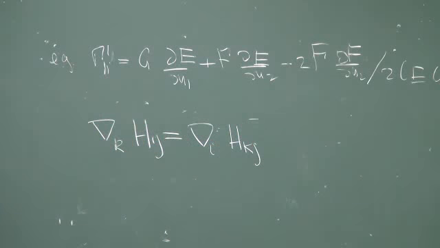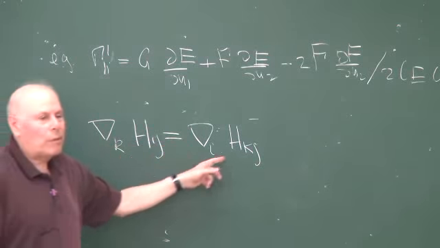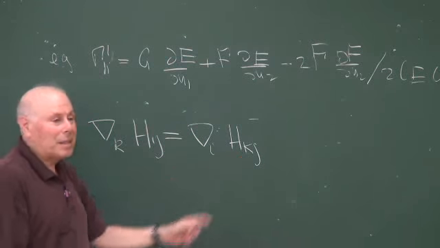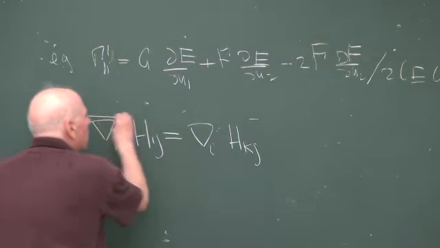So the Gauss-Codazzi equations are very simple. It says, take the covariant derivative of Hij and subtract off the covariant derivative of Hkj, and that's the Codazzi equations.